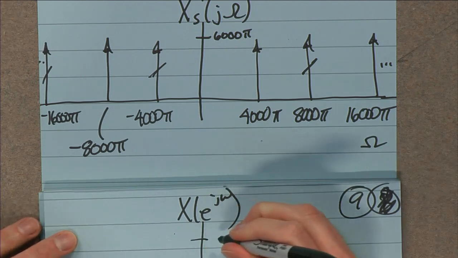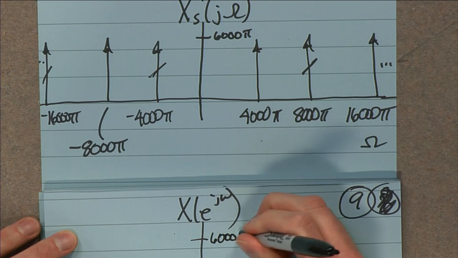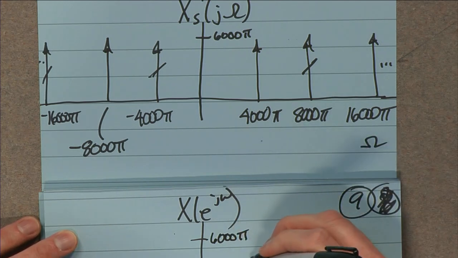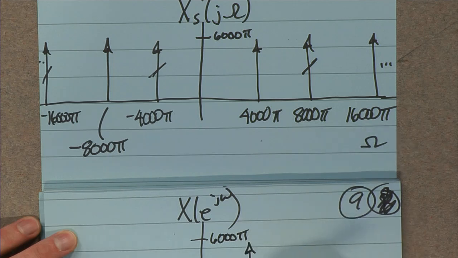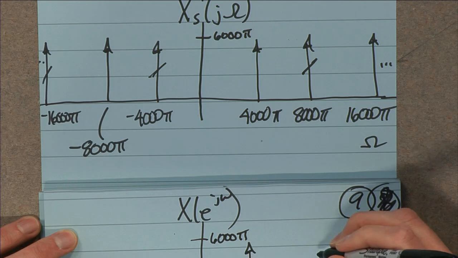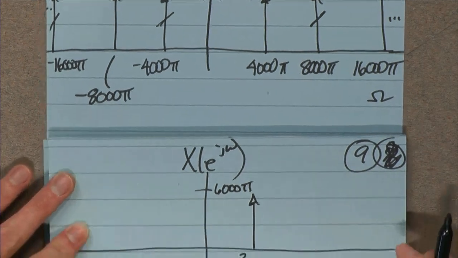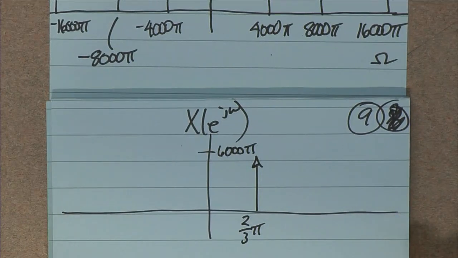So we're back to 6,000 pi, and what this is, 2/3 pi, and 8,000 was 4/3 pi. Yes. I think I missed it. Why did we multiply it by 6,000 when it's multiplying by 1 over t?